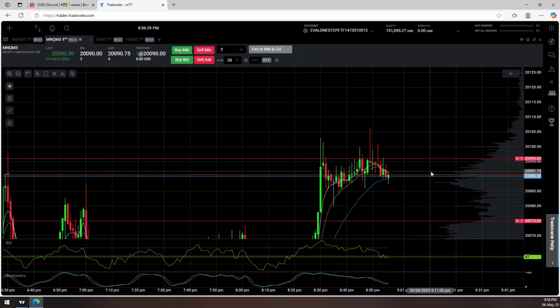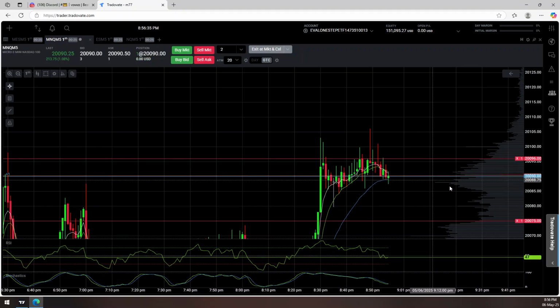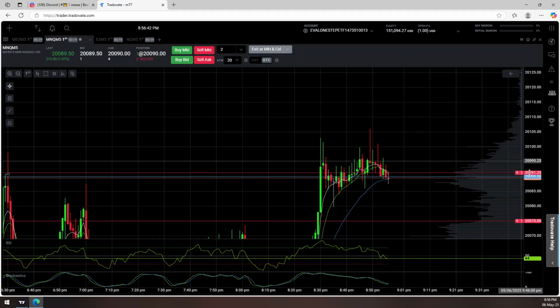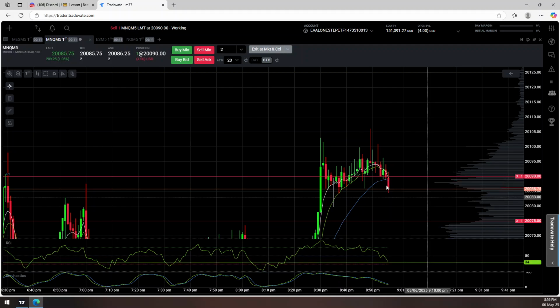When I watched the indicators today, I did pretty good. I ended up in the green today, so I'm excited. I widened my ticks and I did 2 contracts, and I did well today.